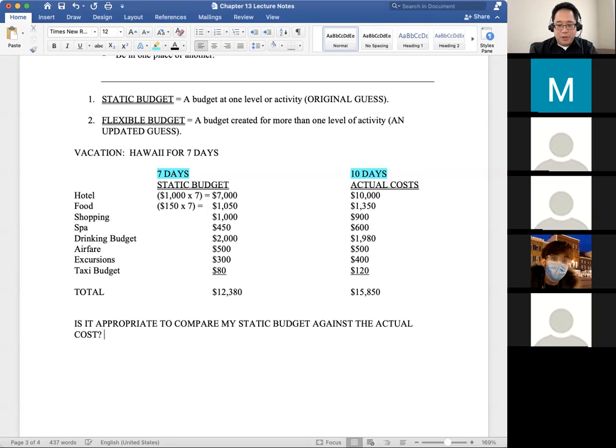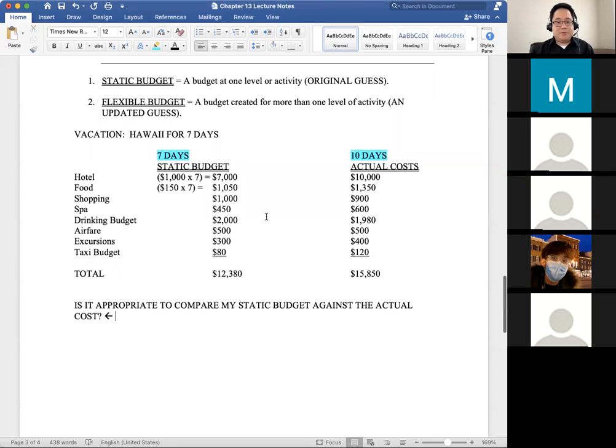This is the key point that I'm trying to make for this concept. Is it fair for me to say, wow, you actually spent 15,850, but the budget was 12,380? That is not good. Does that sound fair to you or not? And why? What do you think?